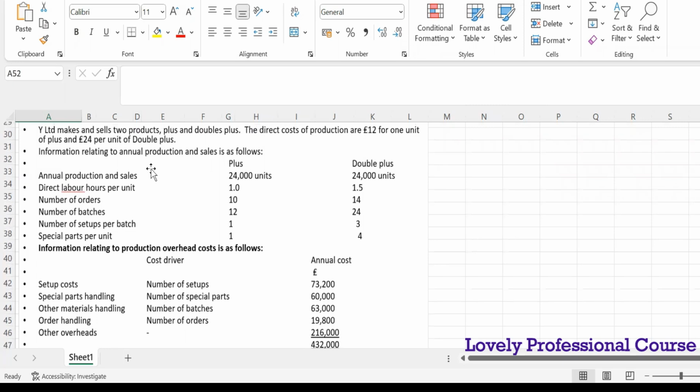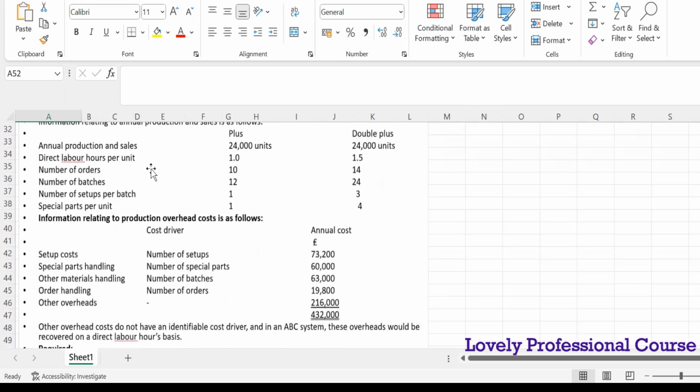The information relating to annual production and sales is as follows: 24,000 units, and the direct labor hours per unit are 1 and 1.5.